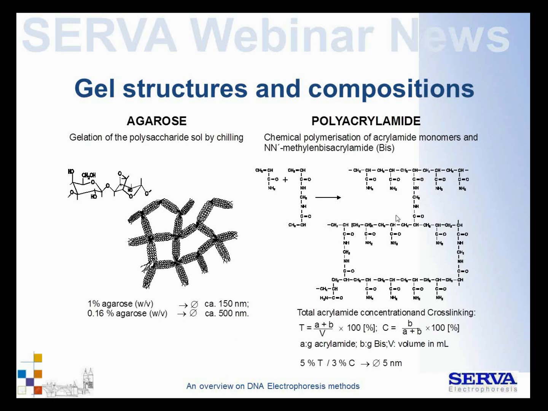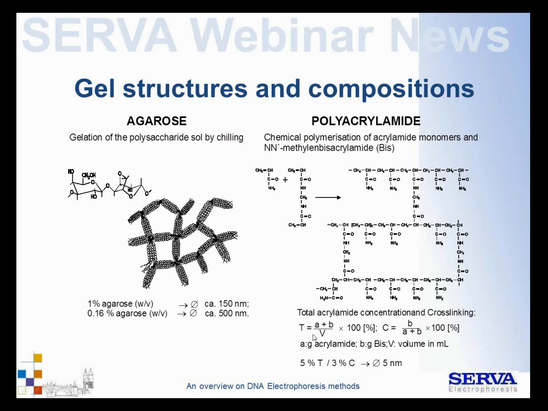The polyacrylamide gels are made in a completely different way. You are using a radical polymerization of acrylamide monomers and a cross-linker, which is usually methylene bisacrylamide. By adding some starters, you will get a chain reaction and produce a three-dimensional gel matrix, which is defined by two values.